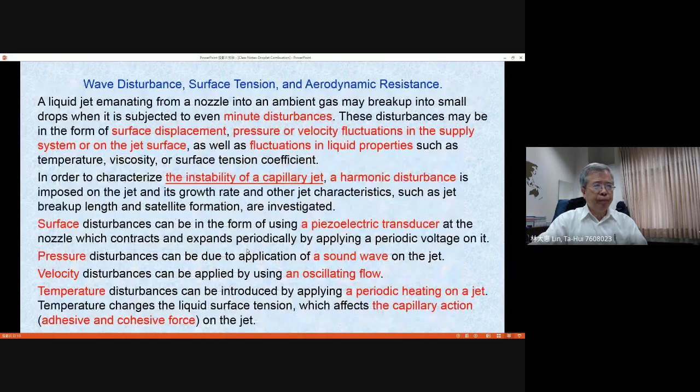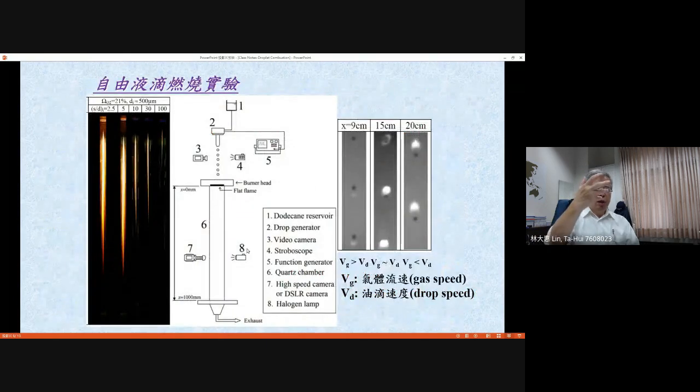Now we go back to our original experimental observation. We use the high-speed camera to take pictures of droplet motions at different locations.